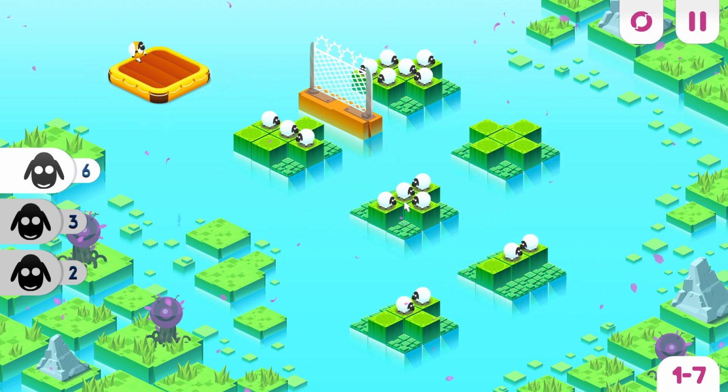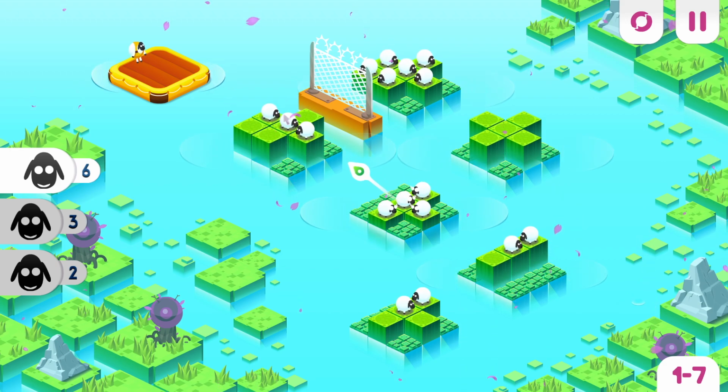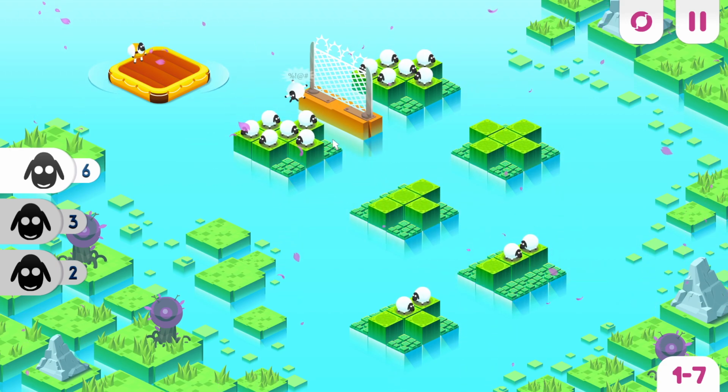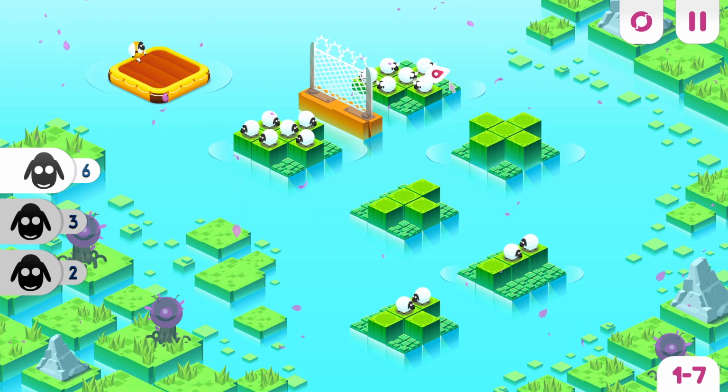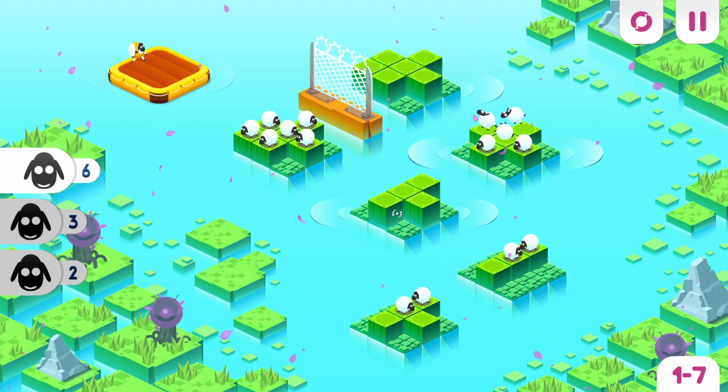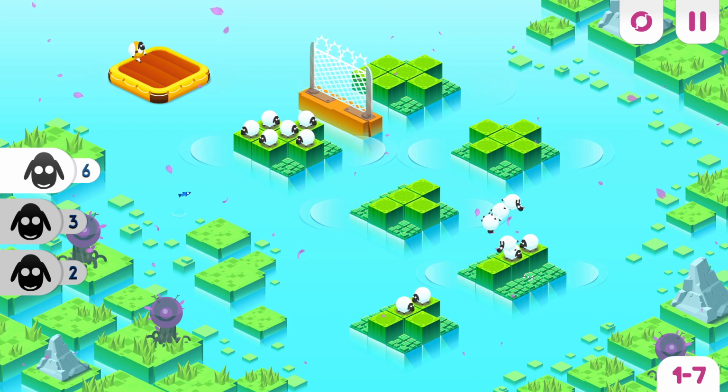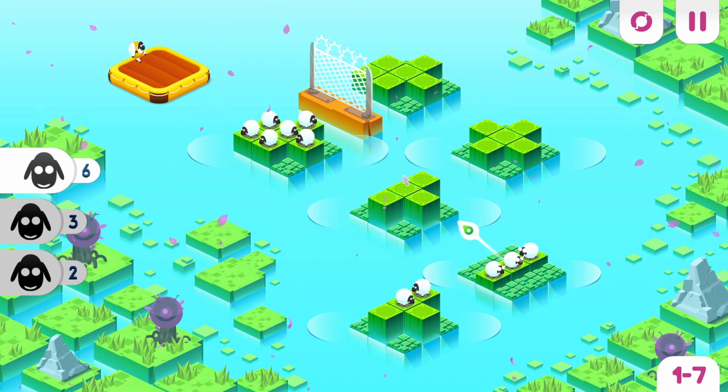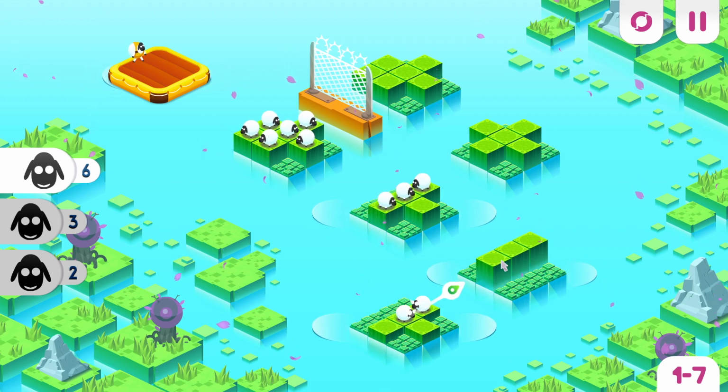Bring this way. And then it kind of doesn't matter which direction you go. You can do that to get to your 6 to start with. Then you can fling these to get to 3. And then there's our 2.